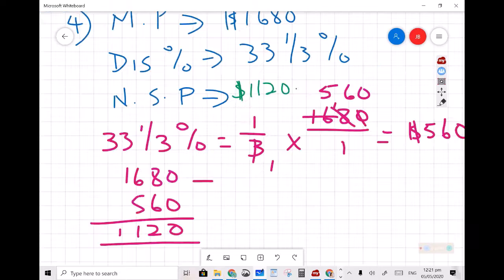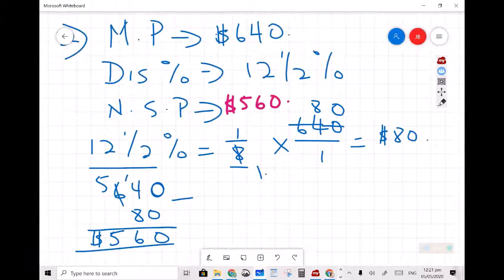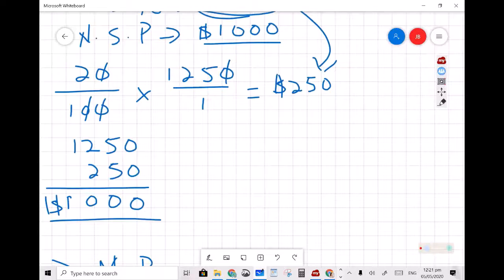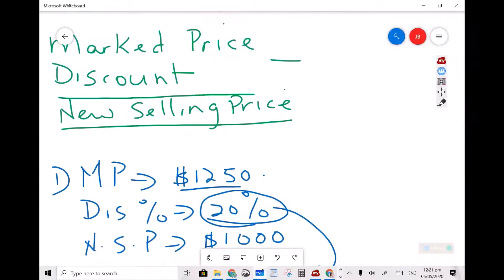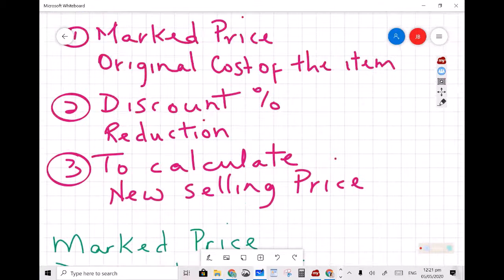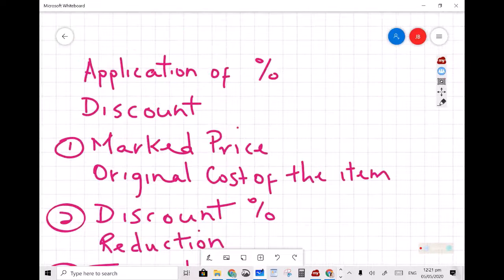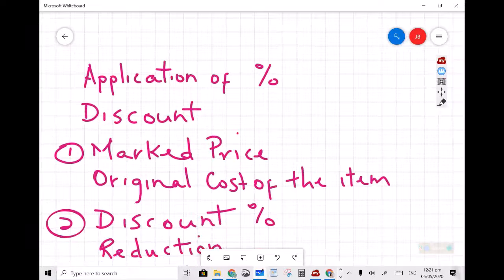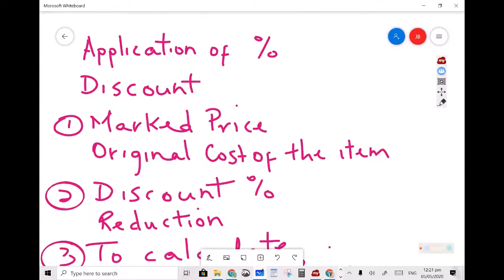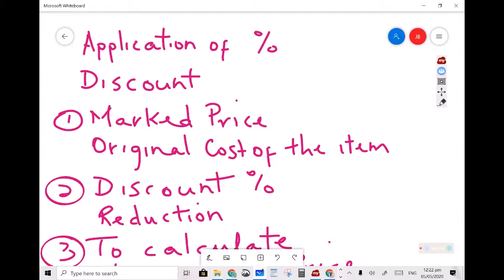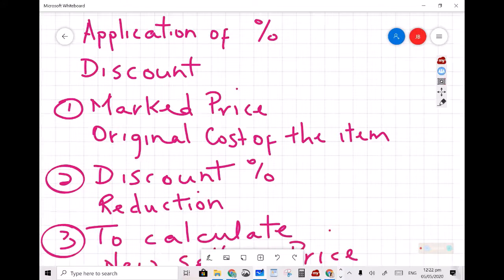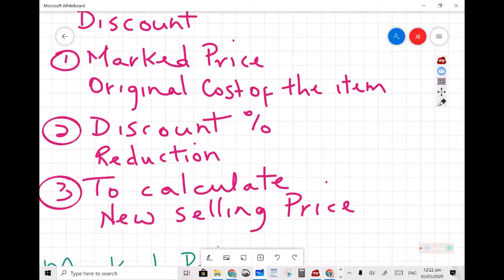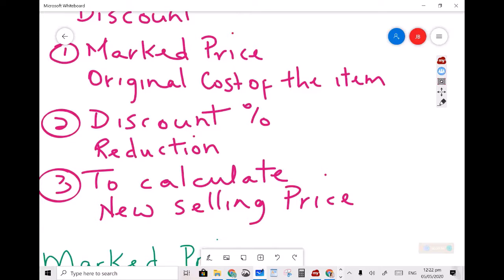All right. So in just a brief recap, the basis of the topic was application of percentage, and our application of percentage today was using discount. Okay, now we have to understand what was our mark price. Our mark price is the original cost of items.